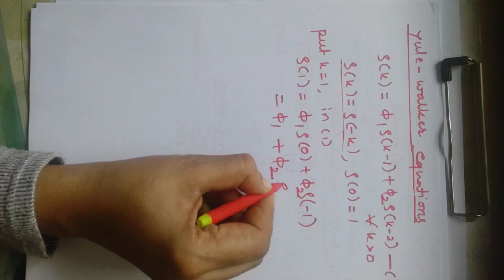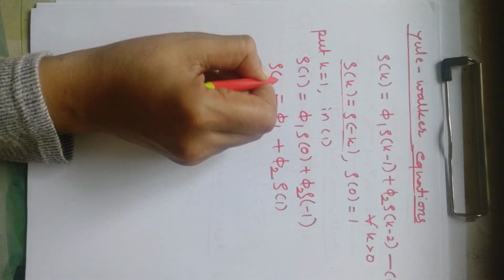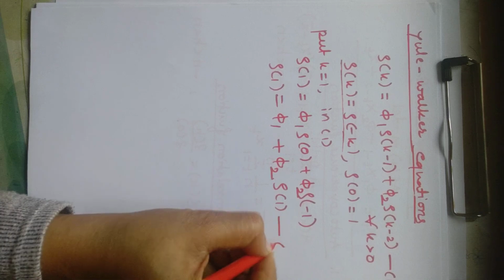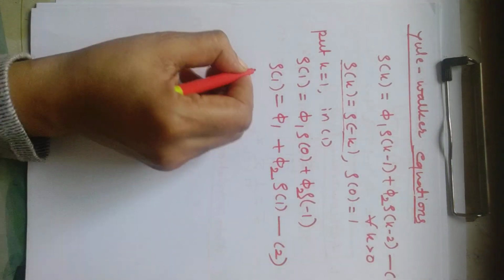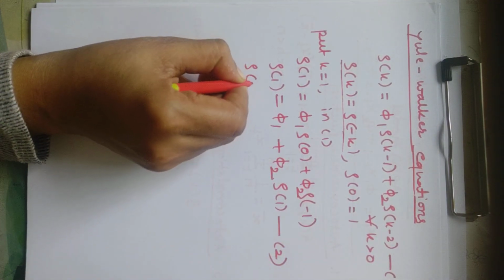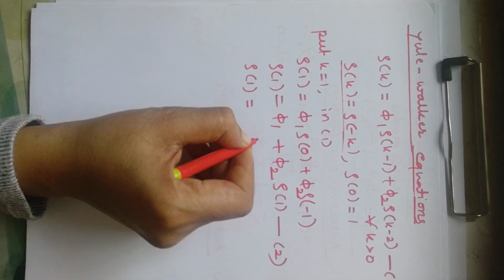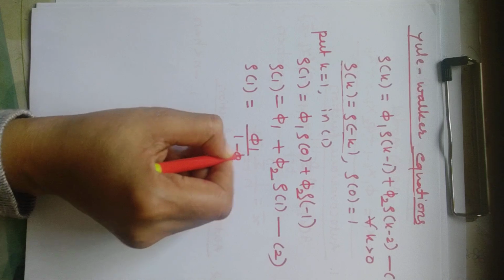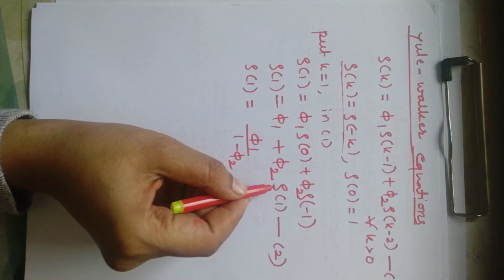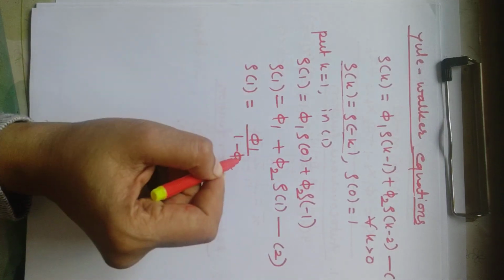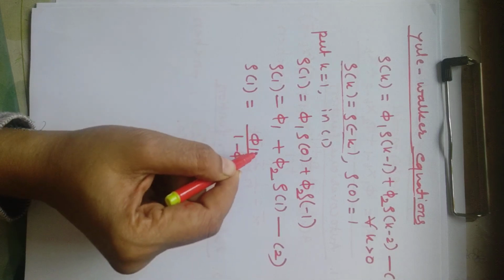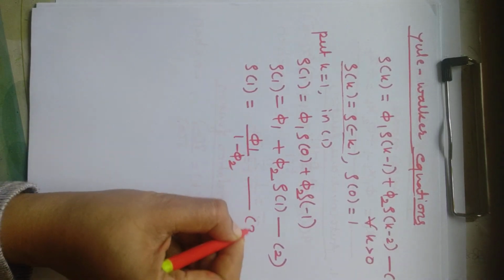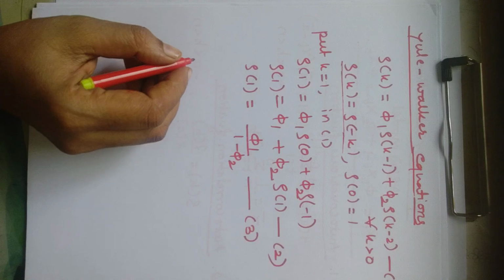So rho of minus 1 we can write as rho of 1. I will call this equation number 2. From equation 2 we can find the value of rho of 1 as phi1 upon 1 minus phi2, by changing the side of this term and taking rho of 1 as a common term. So rho of 1 is equal to phi1 upon 1 minus phi2. I will call it equation 3.